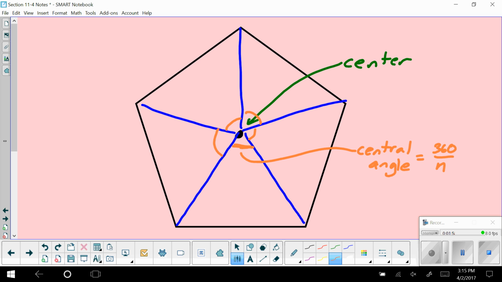That's how we also find each central angle. So here we have 1, 2, 3, 4, 5 sides. So this is 360 divided by 5, which tells us that our central angle is 72 degrees.